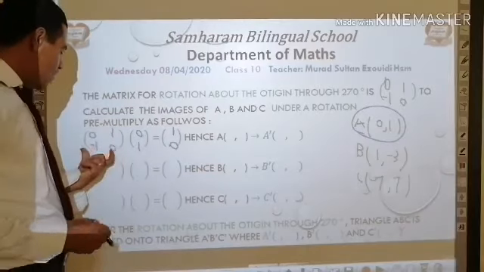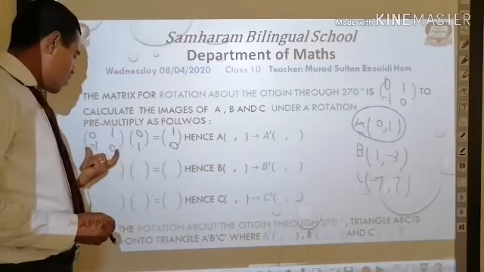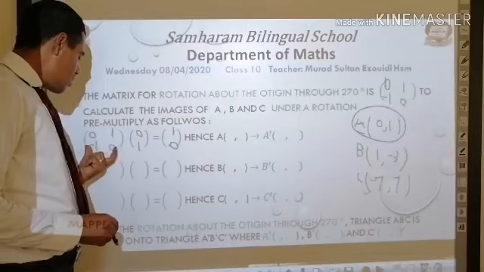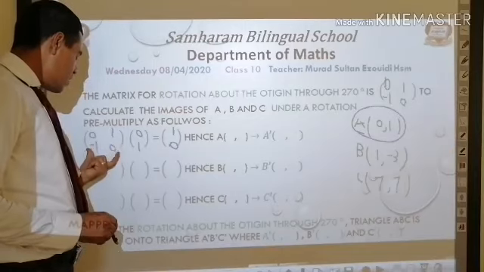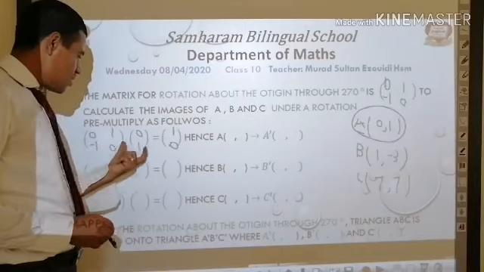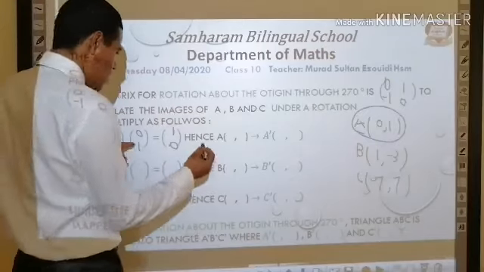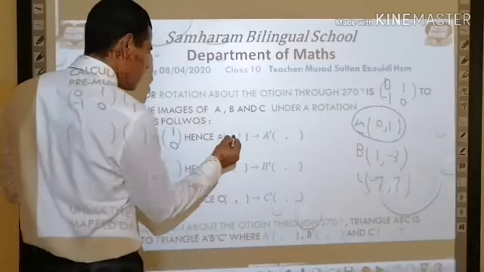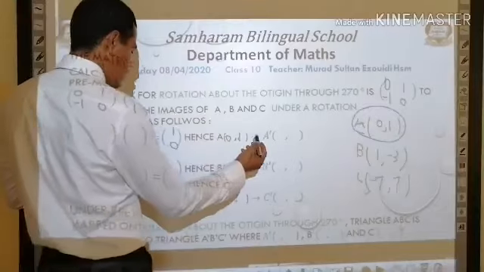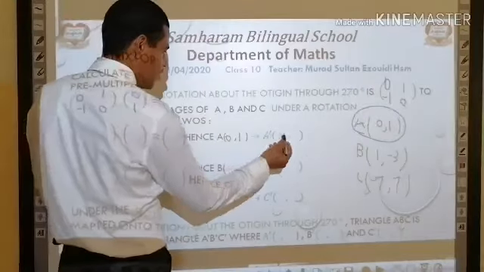Now, I use the matrix for rotation about the origin through 270 degrees counterclockwise of this point. I found the image. It means that A of coordinates (0, 1) maps to A prime of coordinates (1, 0).